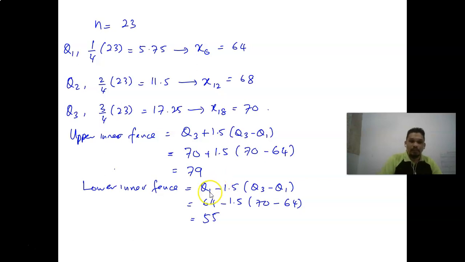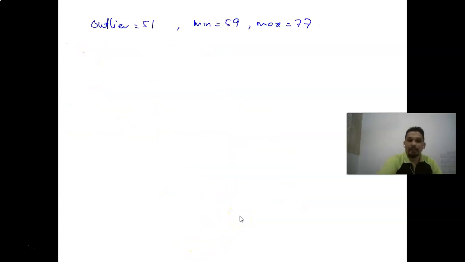But using the lower inner fence formula, we find out the lower inner fence is 55. So if the lower inner fence is 55, then the minimum is not 51 anymore. 51 is the outlier, the data outside of the fence.